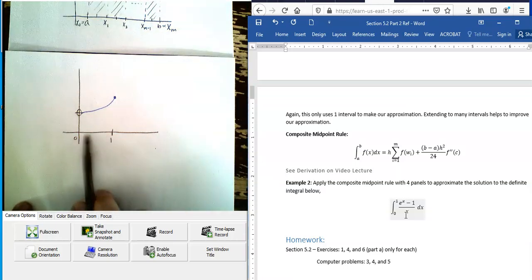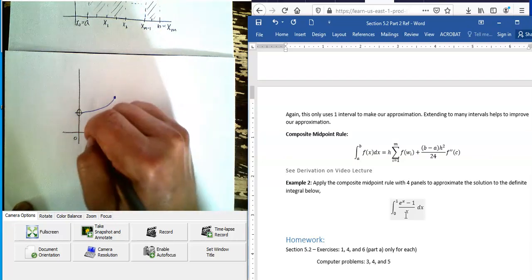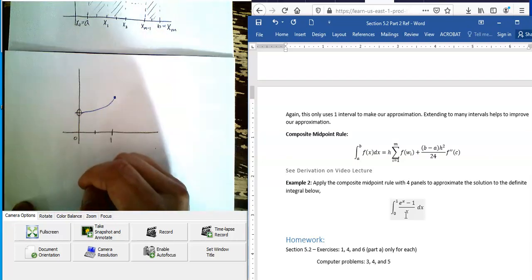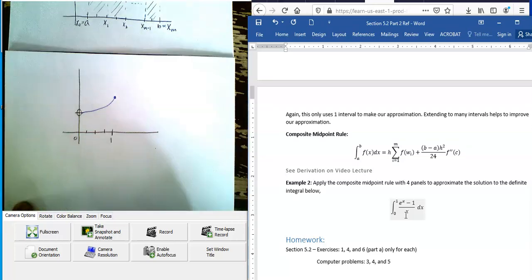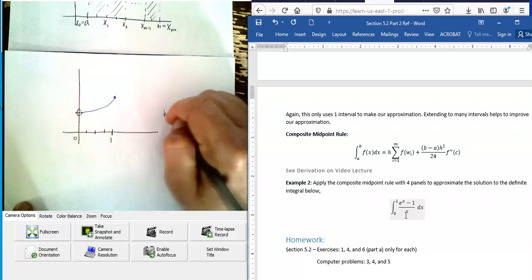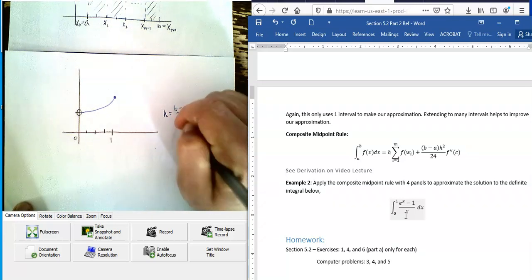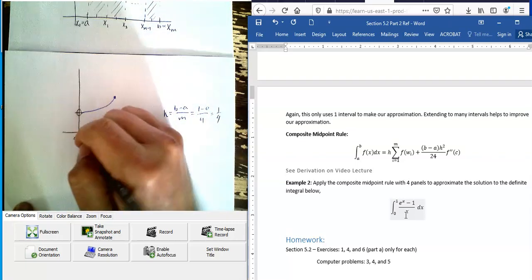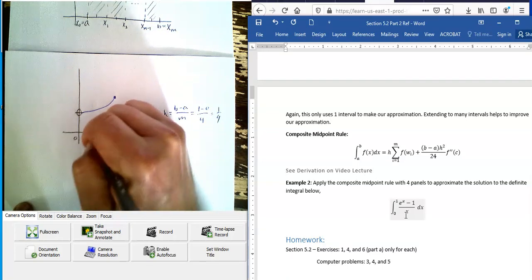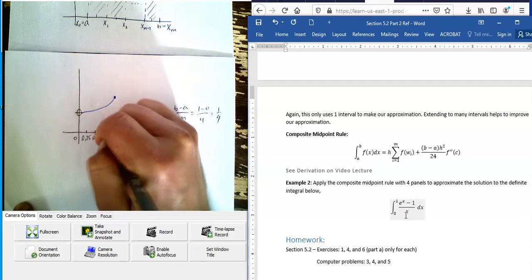So if we're going to use the midpoint rule, we just partition this into however many panels that we want, right? So here we want 4 panels for this composite rule. Right? So h would be b minus a over m this time. 1 minus 0 over 4 is a fourth. So h is a fourth, and the partition points are 0.25, 0.5, and 0.75.